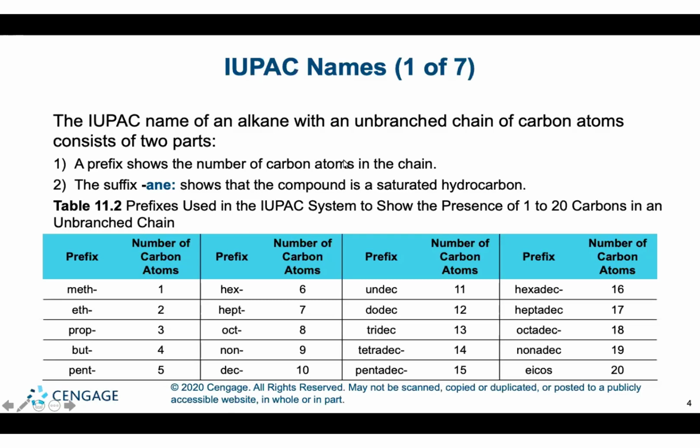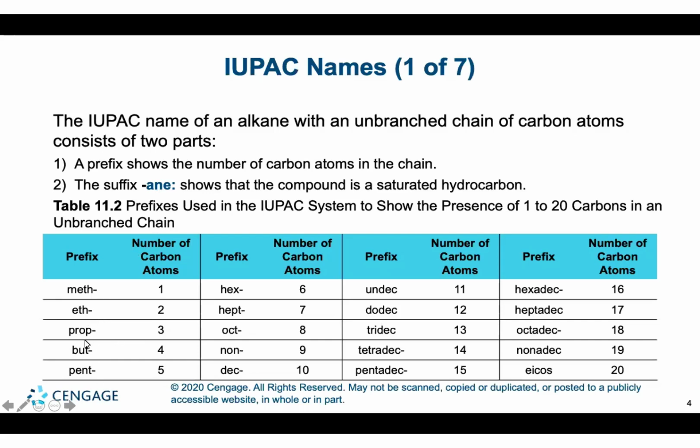As I said, we should find the longest chain of carbons, and if we have one carbon in the chain, we call it meth. So if I have one carbon and we have an alkane, it's going to be methane. If I have two carbons in the chain, it's going to be eth, and it ends with ane. It's going to be ethane.